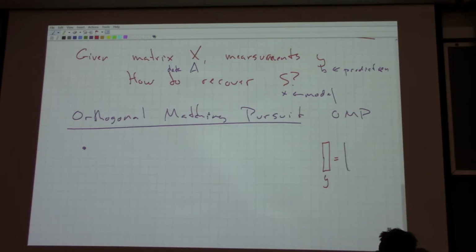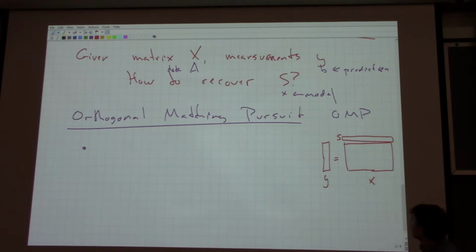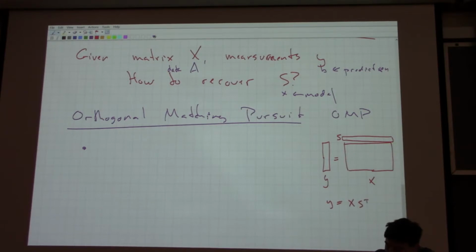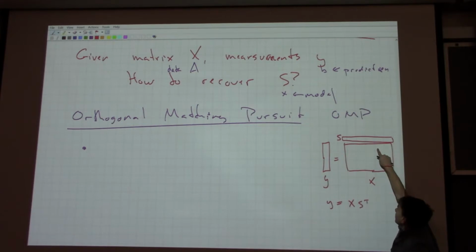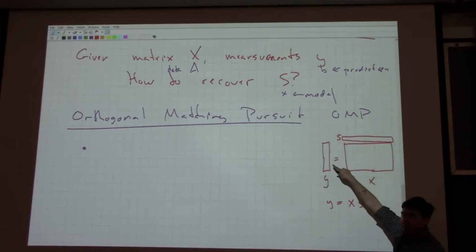I'm going to have this matrix X. And I'm going to have the sparse signal S here. I'm actually multiplying, this is Y equals X S. But you should really think of it, the bit here affects everything in this column into Y.